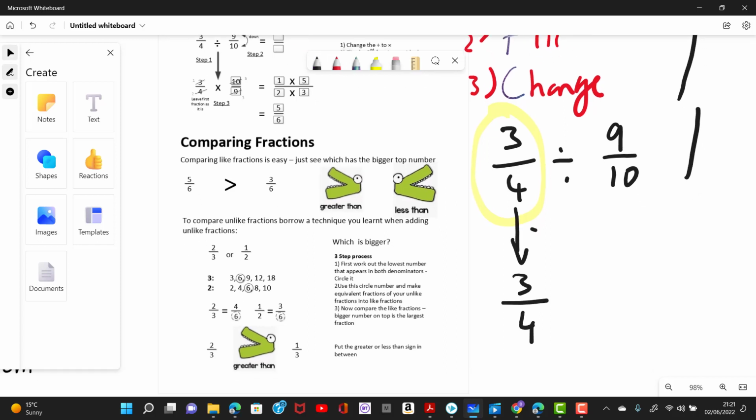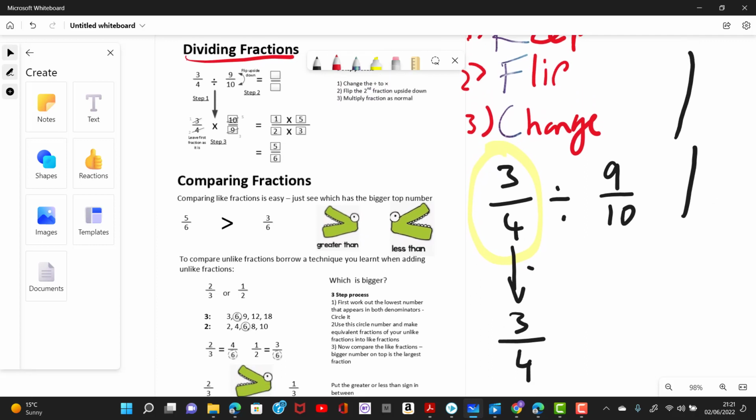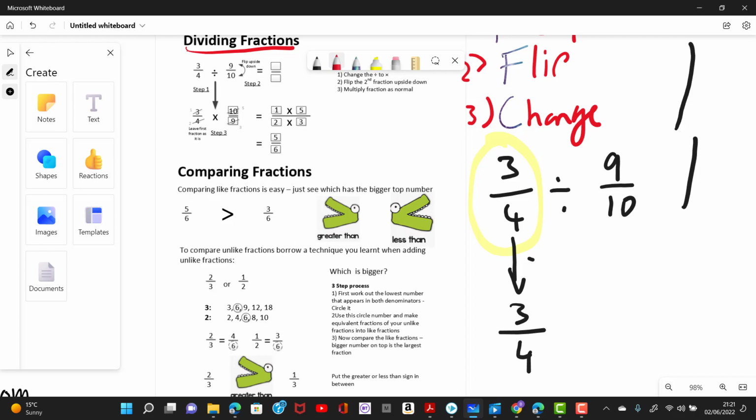It becomes 3 over 4. And the second step is to flip the second fraction upside down. So it used to be 9 over 10, and I'm going to flip it to 10 over 9.